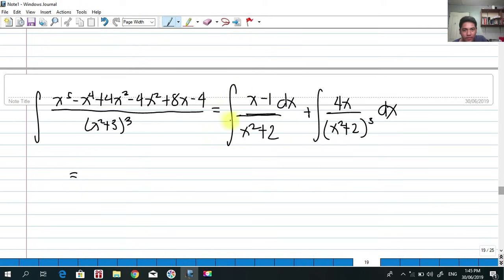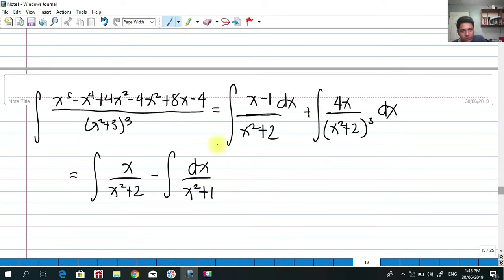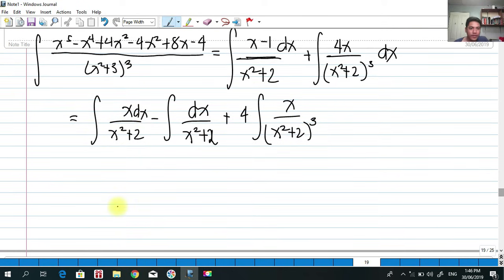So, this function, we can simply separate this. We have the integral of x over x squared plus 2 minus the integral of dx over x squared plus 2, plus 4 times the integral of x over x squared plus 2 cubed. So we have x dx here.